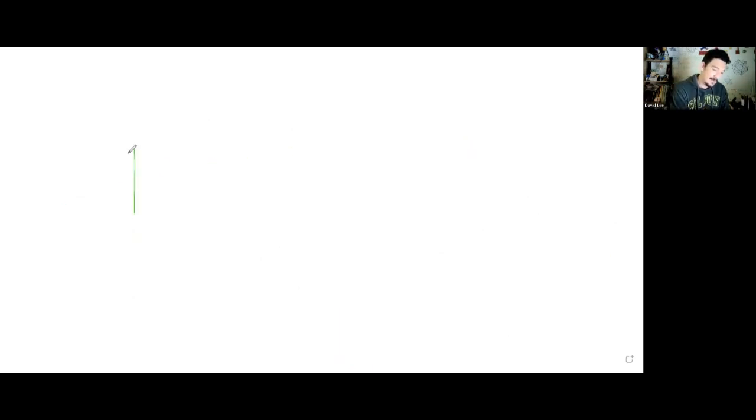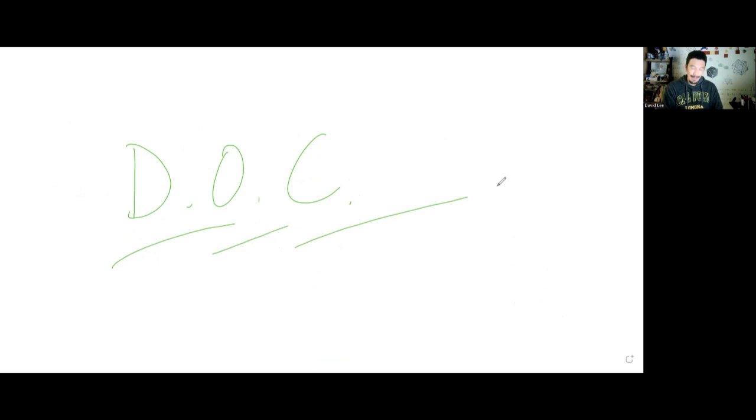And instead of difference of squares, this would be DOC, difference of cubes, powers of 3 this time instead of powers of 2. So here is a fact.